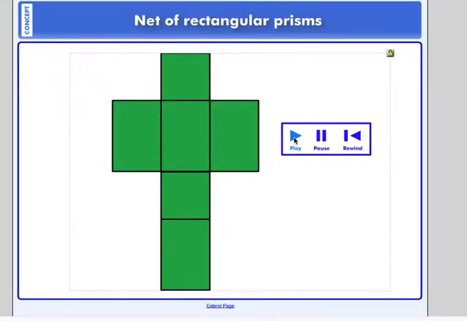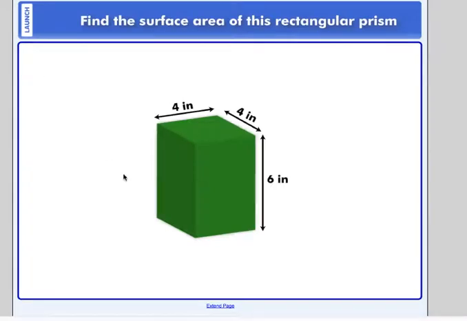The area of this net is the same thing as the surface area of the box. So if you prefer to think of it that way, if you're presented with a problem like this, you could draw yourself a net.